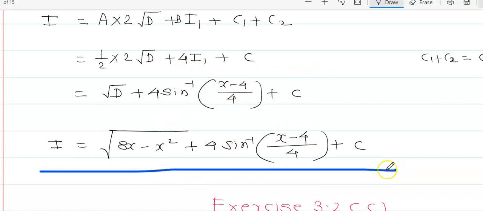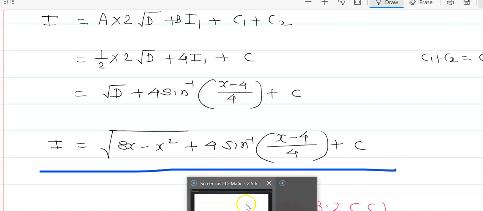Therefore now we will start the exercise 3.2c. This is the last part of exercise 3.2. Now let us start.